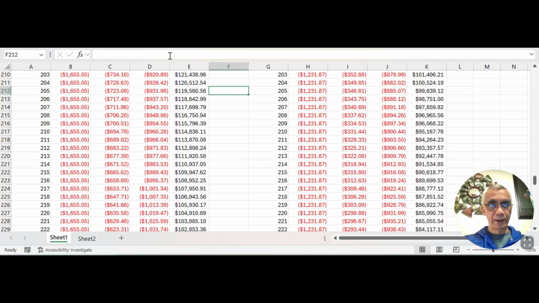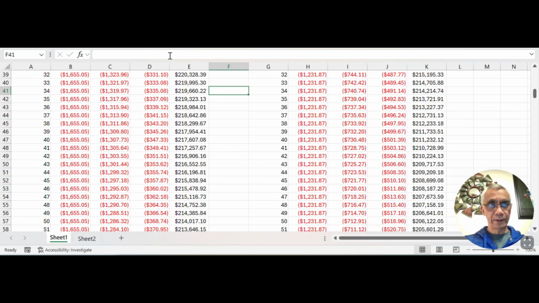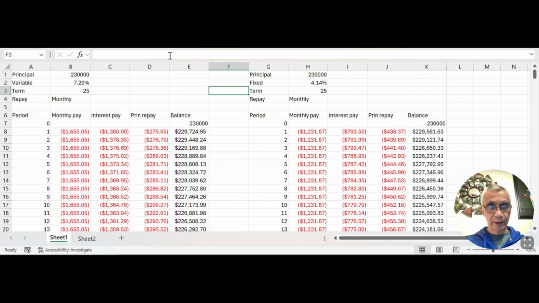Now we can do some comparison here. So the difference between the monthly payments is 423.18 every month. Wow.